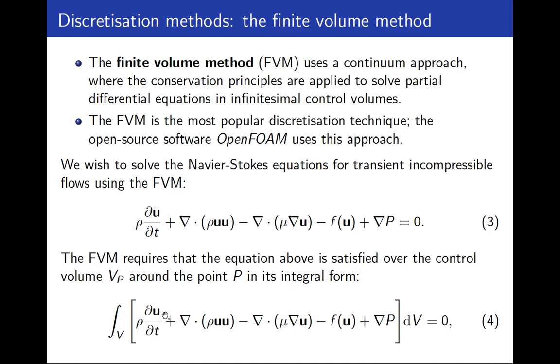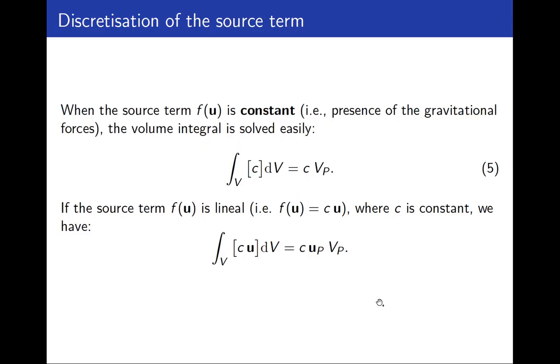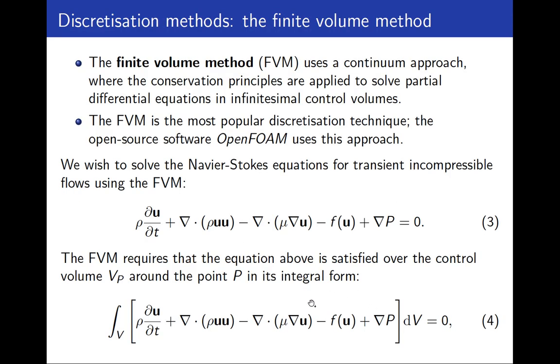So we have to solve the Navier-Stokes equation in integral form for each of the cells of your domain. So we have to satisfy equation 4 for each of the cells, for instance, for these 6 cells. Now, how do we discretize these terms of equation 4?